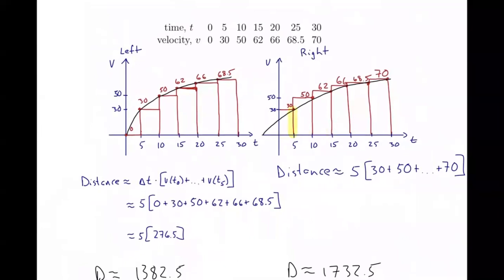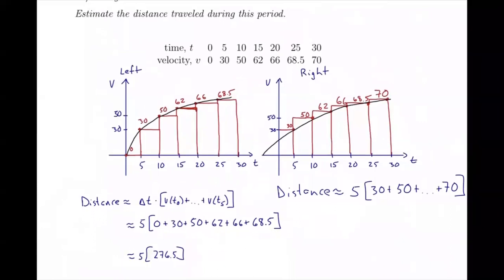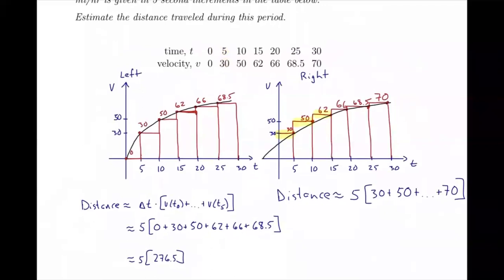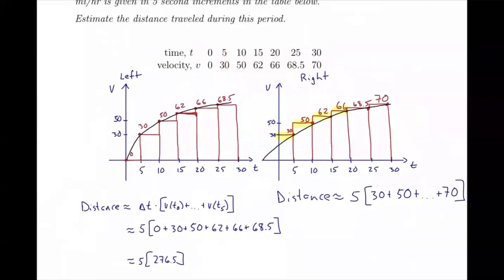So instead of taking our first velocity measurement at time 0, like a left endpoint does, we say, let's use our velocity at time 5. At time 5, our velocity was 30. So that is our first estimate of the velocity. And then we go on down the line, 50, 62, 66, and we end up using the one we didn't use last time, and that's 70, our rightmost value, right?